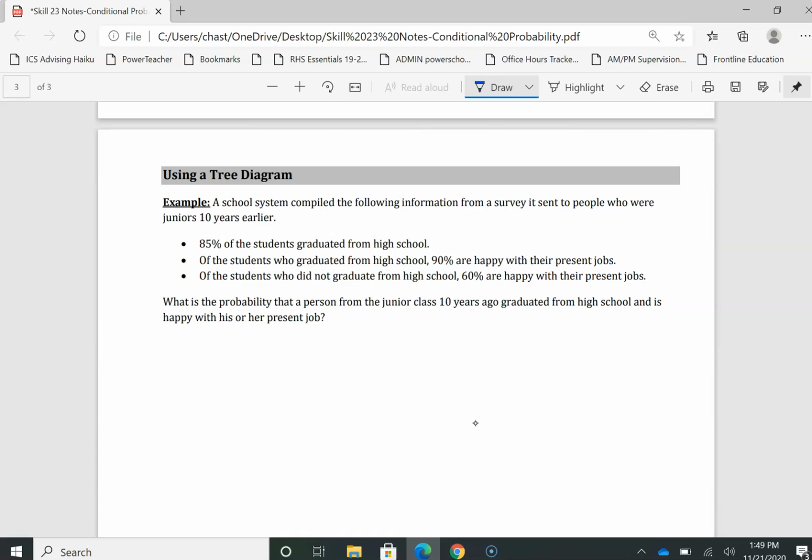I'm going to use some letters here. G means graduated. NG means not graduated. Kind of fitting considering that we use NG to mean not getting credit for a course. You get enough NGs, you won't be able to graduate.